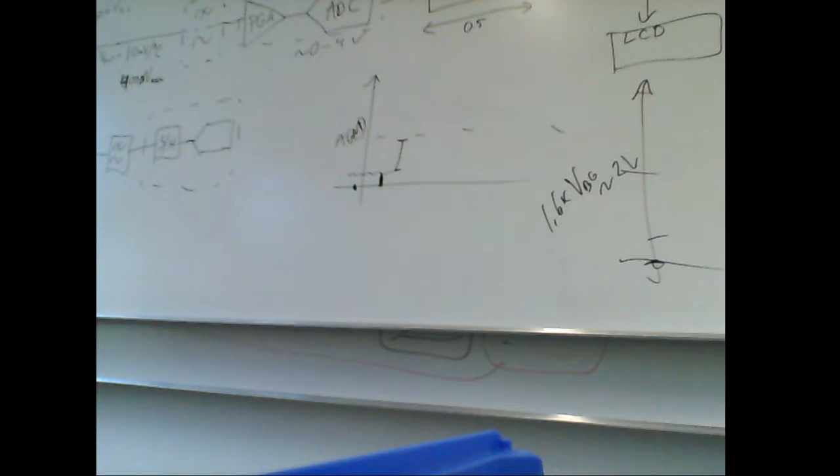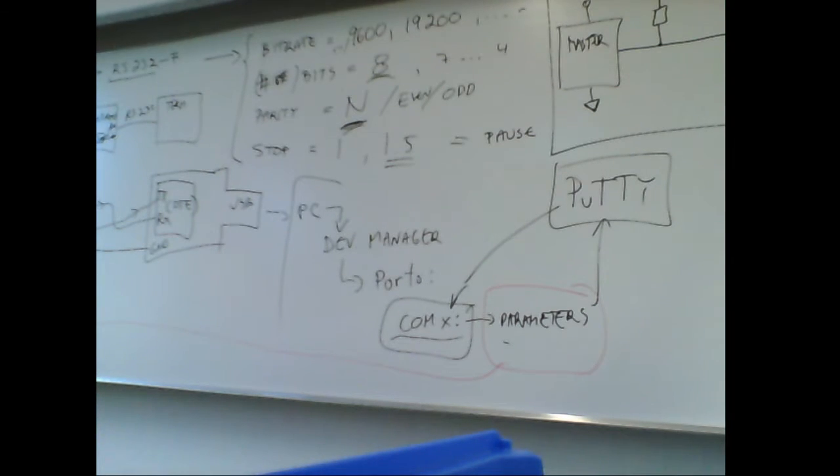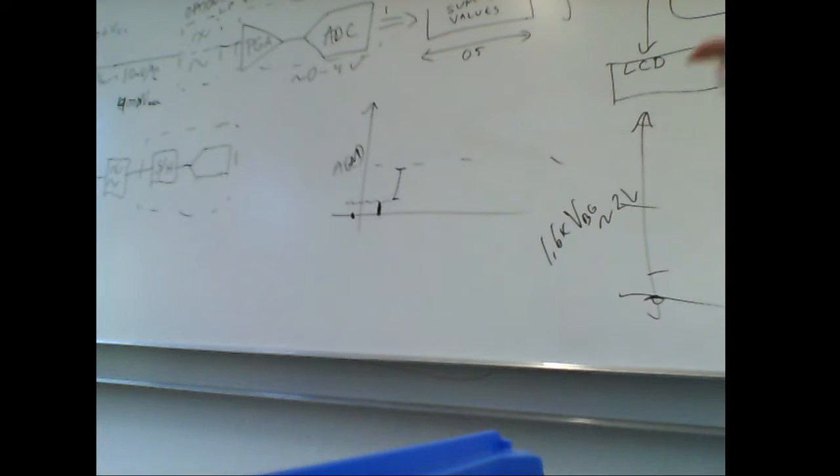That will be the first part. Try to just add the one wire sensor in addition to this analog sensor and plot both of those here. Then modify so that you can have the serial port output.